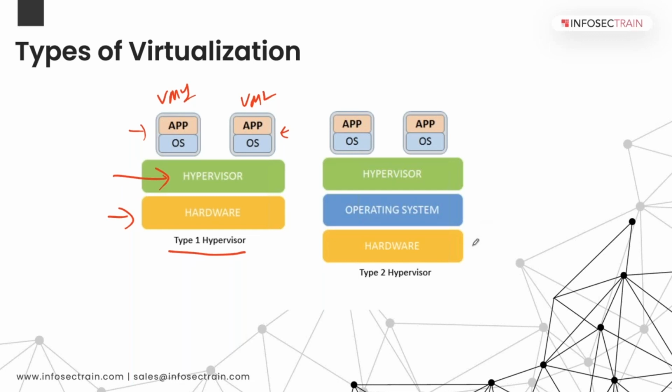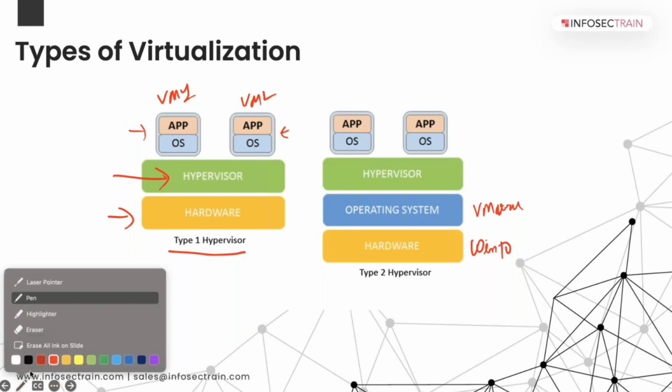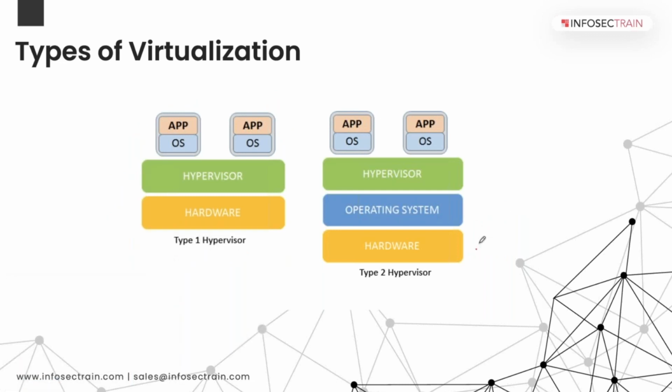Type 2 is where you have hardware, for example your Windows 10, and on top of that you have VMware. Just an example I am giving you. So here again, this is hardware. On top of that you are running Windows 10. On top of that you have something like VMware or VirtualBox, which acts as a hypervisor, the software doing the virtualization.